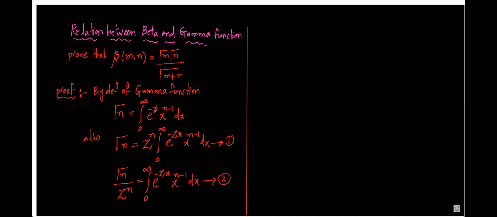You can use the variable z also, e to the power of minus z, and z to the power of n minus 1 dz also we can write. The choice is yours. N can be changed, x can be changed, it is possible. But the infinity, this limit should not be changed. If you write m there, it will not have any effect on the infinity.